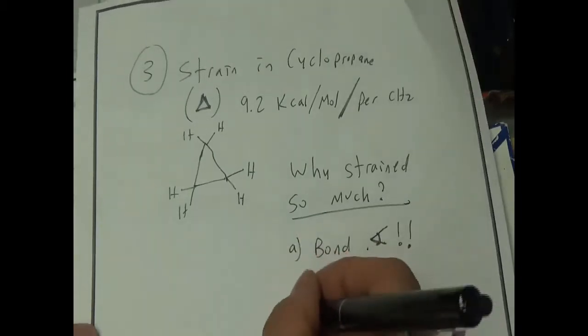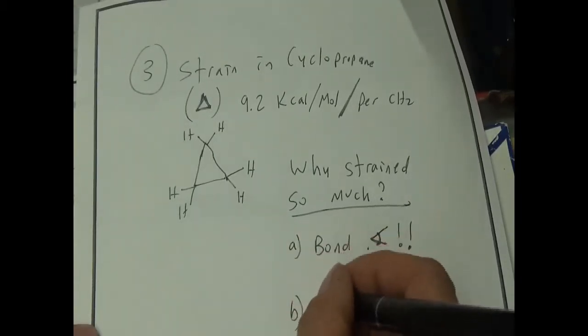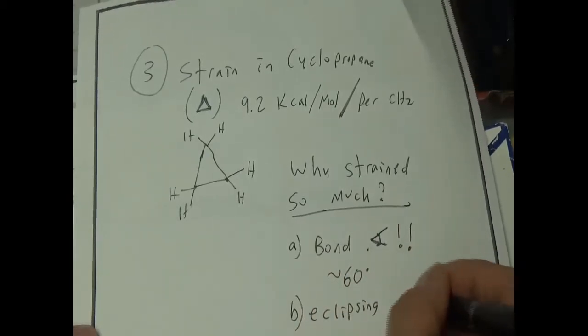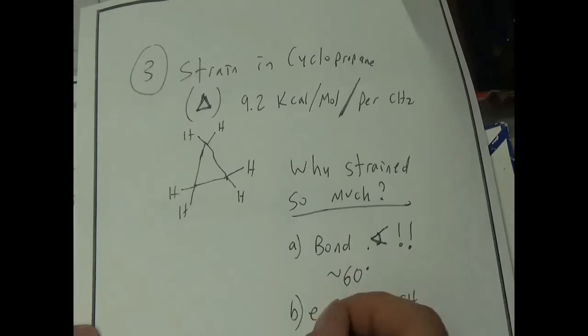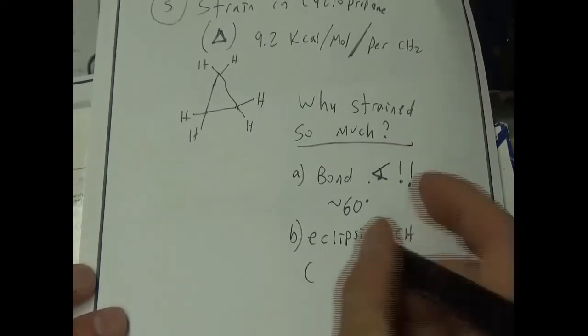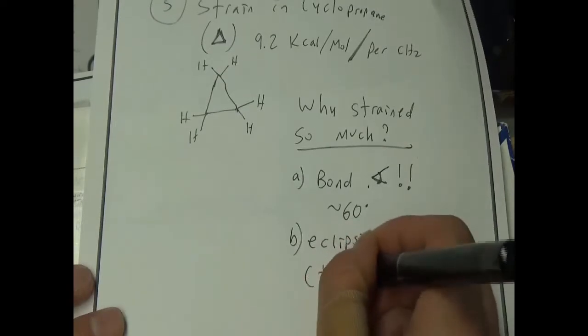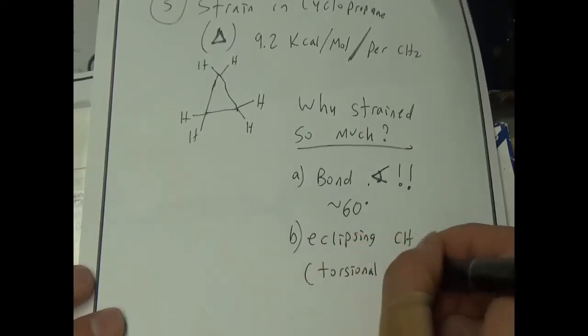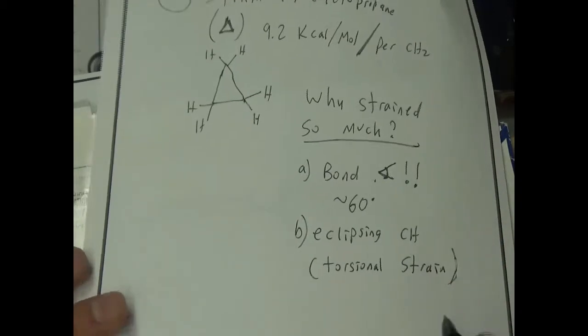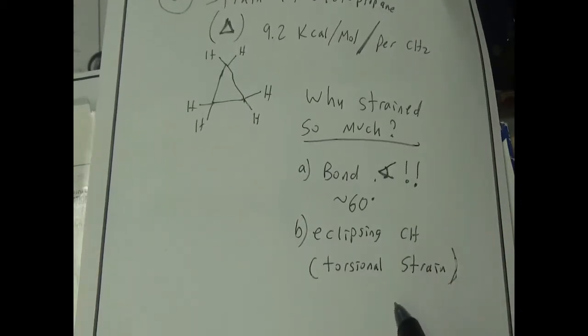There's also another problem, which is indeed it has the eclipsing CH interactions. And that's called, what's the name of it? When things are eclipsed, it begins with T, torsional strain. Now what does torsional strain really mean? We talked about it when we introduced it when we talked about ethane, right?